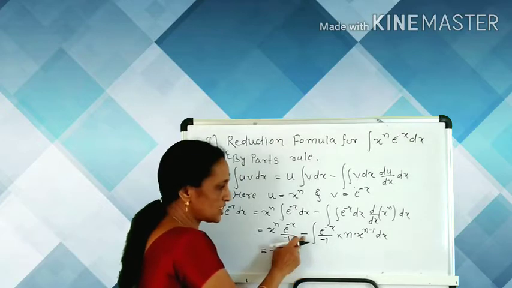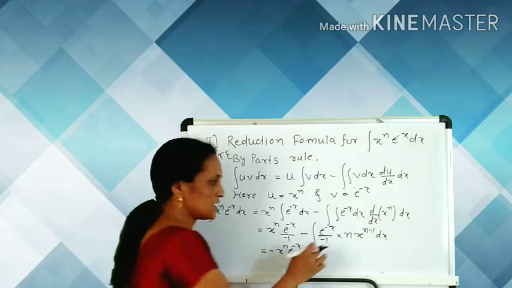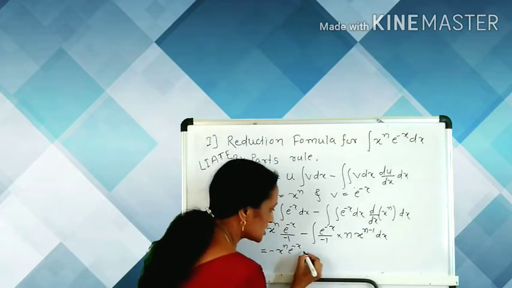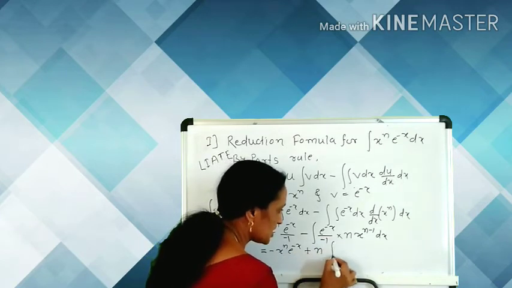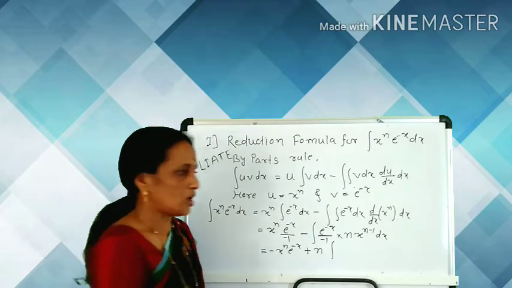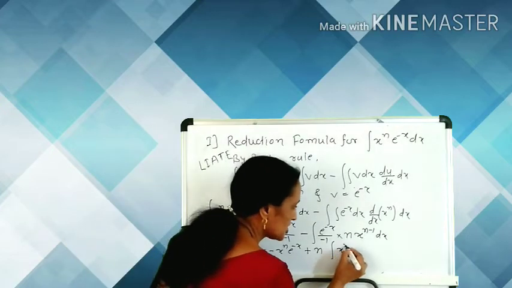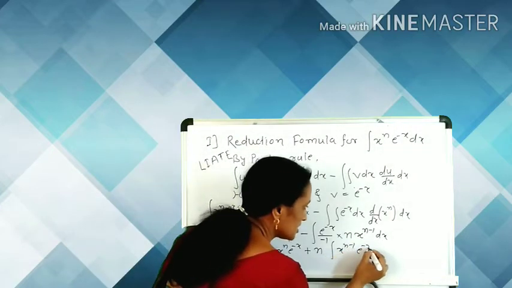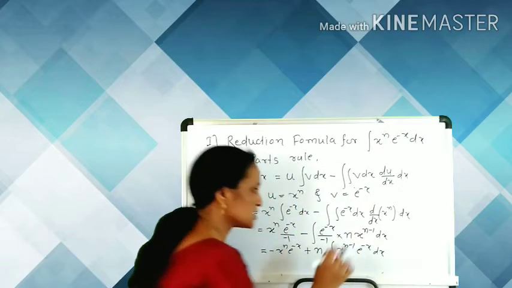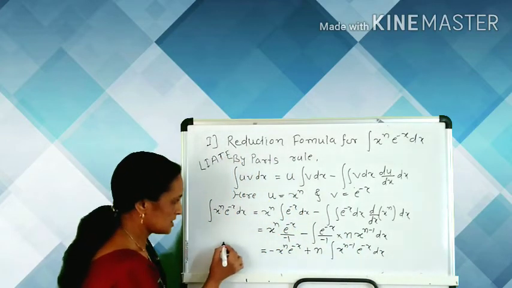So this minus 1 and this minus 1 plus, and n is taken outside the integration, so plus n multiplied by integration of x raised to the n minus 1 multiplied by e raised to minus x multiplied by dx.